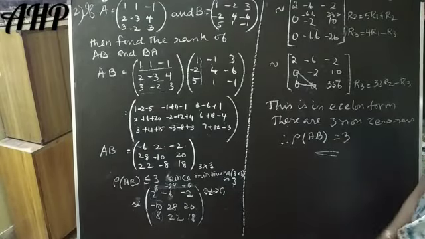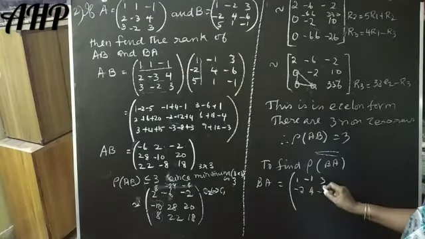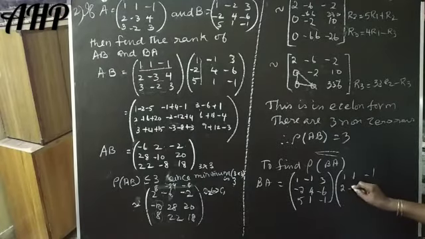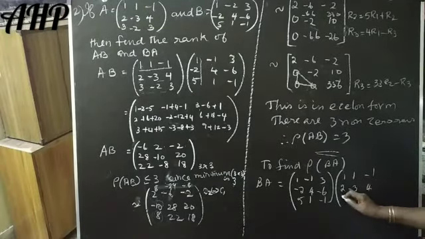Now we are supposed to find the rank of BA. We are supposed to multiply B into A. So BA is equal to, we are going to write B first: 1 minus 1 3, minus 2 4 minus 6, 5 1 minus 1, into A: 1 1 minus 1, 2 minus 3 4, and 3 minus 2 3.